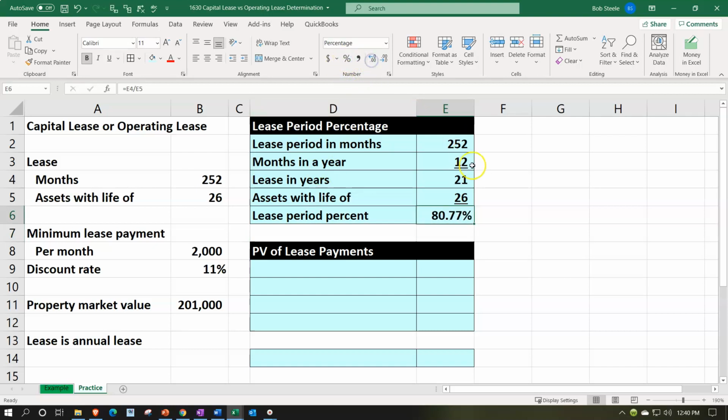We'll add a couple decimals. So if we're leasing it for basically 21 years out of 26 years, we're locked in to lease it for like 80% of what we believe the useful life would be. So that's the first marker we might say is over the threshold to be required to record it as a capital lease. And then another question might be the present value of the lease payments.